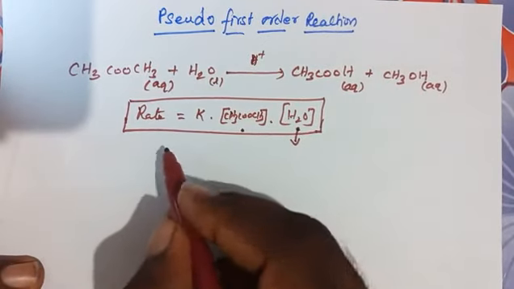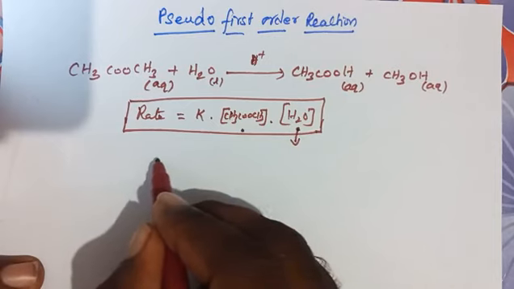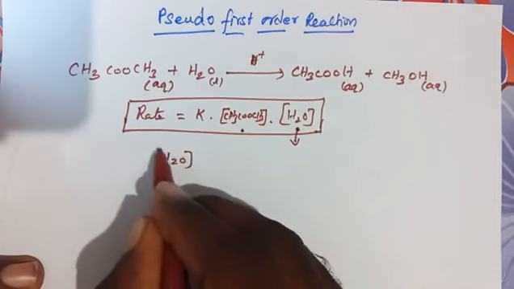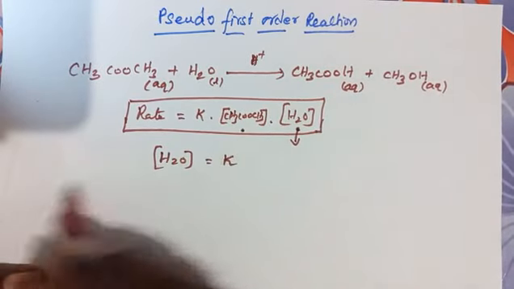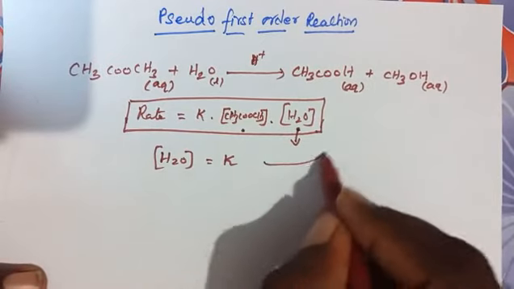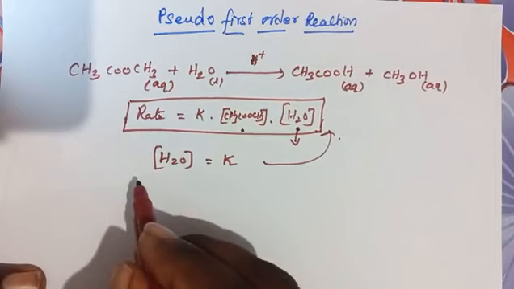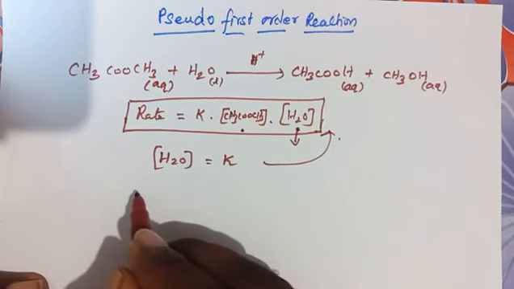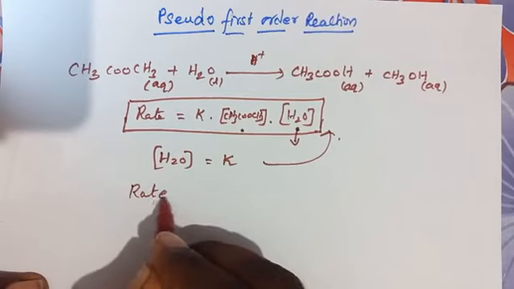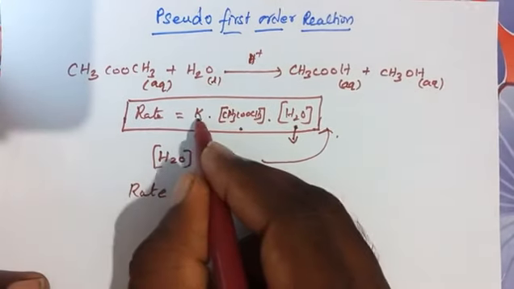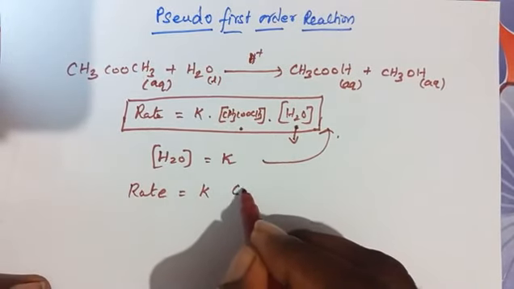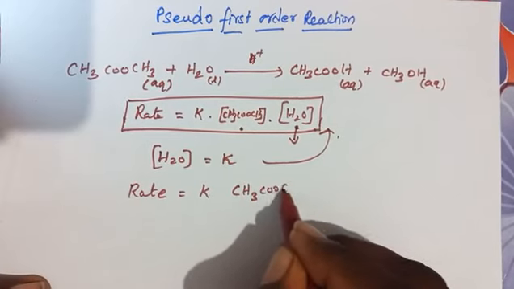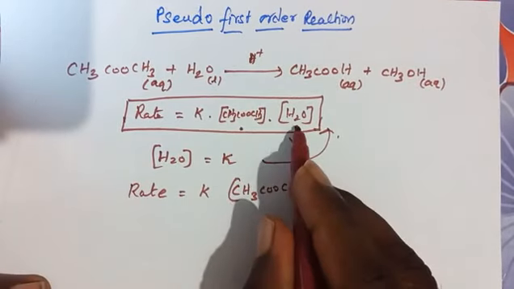So the water concentration, H2O concentration, may be assigned as a constant value K. Substituting this in the above equation, the rate of the reaction is equal to K, which is already present as the rate constant, and concentration of ester CH3COOCH3, and in presence of large excess of water they also produce some constant value.